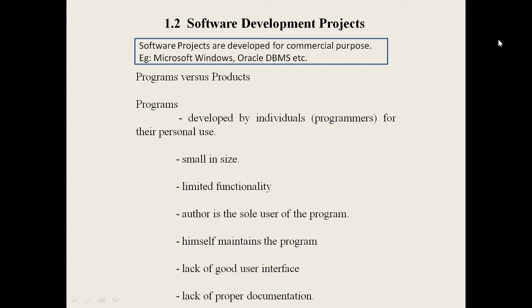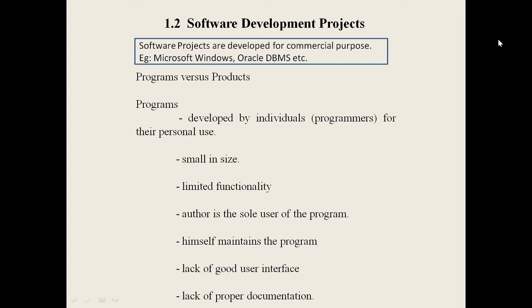Considering a program, the author of the program, the programmer, would himself be the user of that program. That means the program is developed for his own use, and he himself maintains it. It is developed, used and maintained by himself, so it lacks a good user interface.